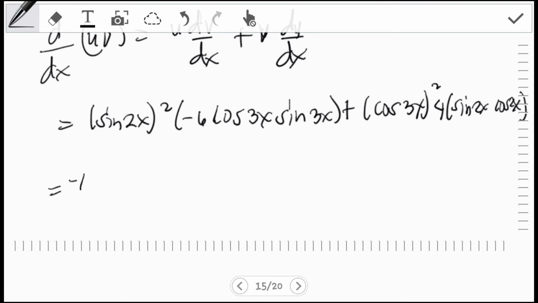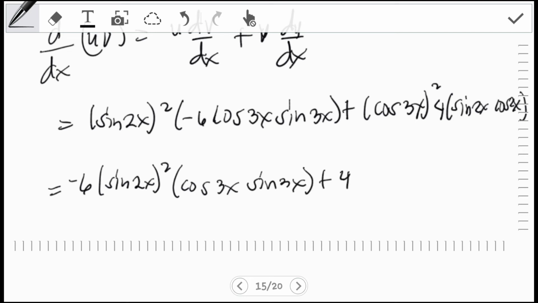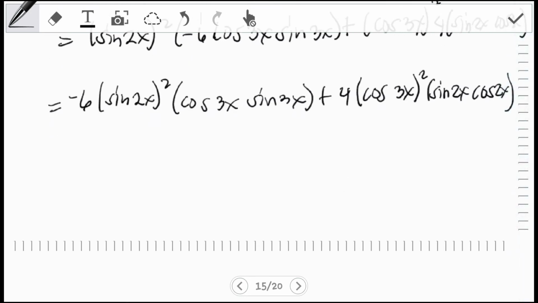This is negative 6 quantity of sine 2x over 2, then cosine 3x sine 3x plus 4 quantity of cosine 3x over 2, and then sine 2x cosine 2x. Okay?